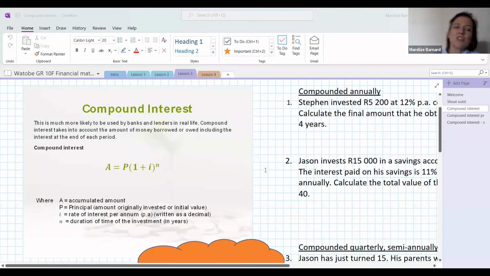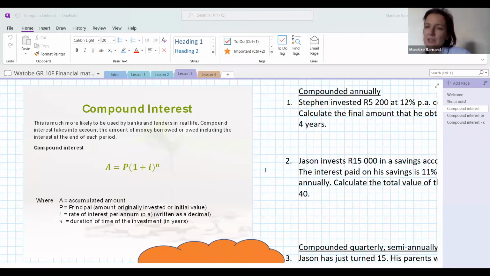Right, so compound interest is a way in which banks, especially financial institutions where you could save your money, normally charge interest. What it is, is that you earn or pay interest on interest. Simple interest is always on the original amount. Compound interest accumulates.